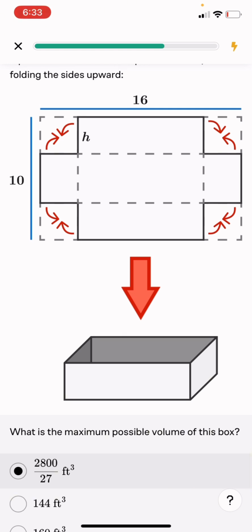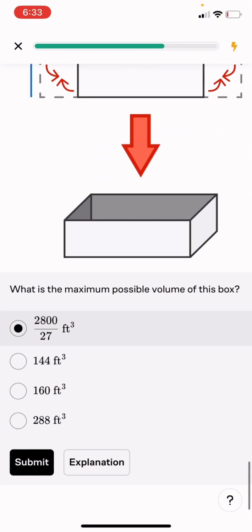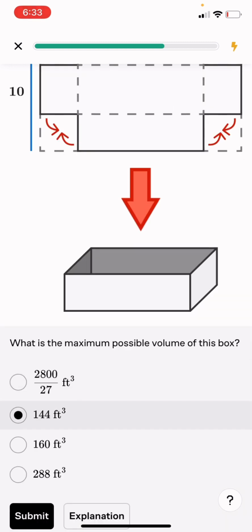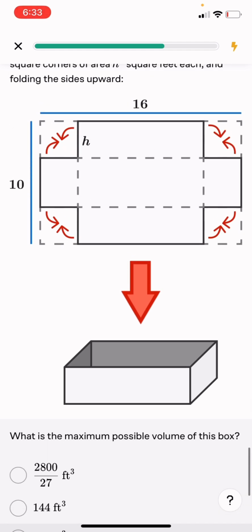I don't think it would be this. I don't think it would be that.